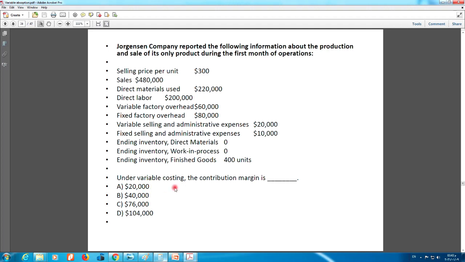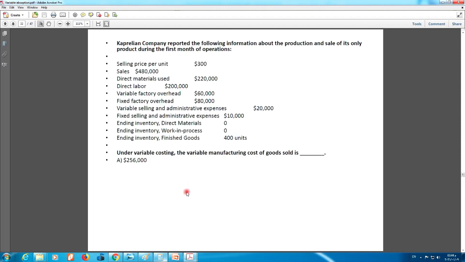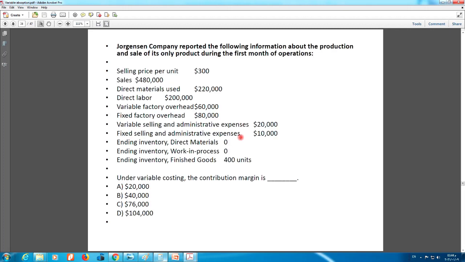Under variable costing, the contribution margin is, do it yourself, calculate the total variable cost. We calculated the cost of goods sold equal 384,000. To reach the contribution margin, we should subtract all variable cost.